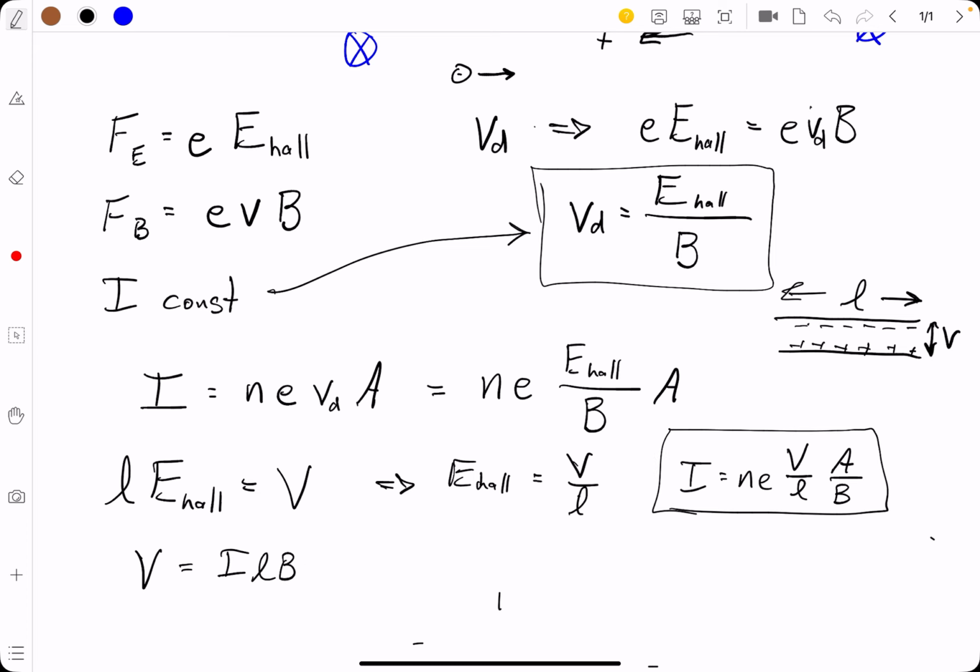I L B divided by N times the charge times A. So I'm solving for V. So, okay, I L B over N E A. Okay, so the bottom edge is V plus. The top edge is V minus.